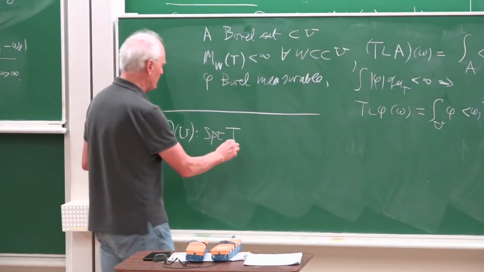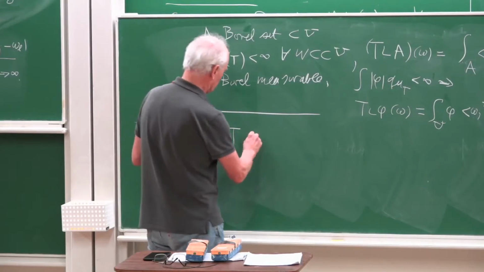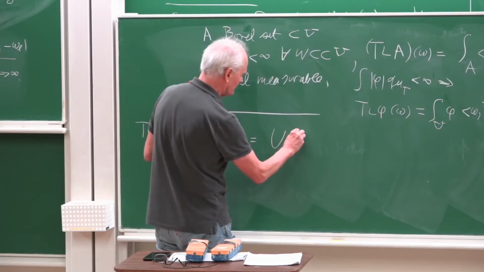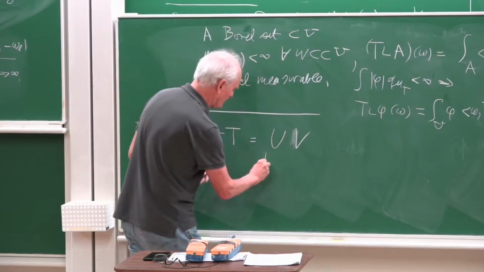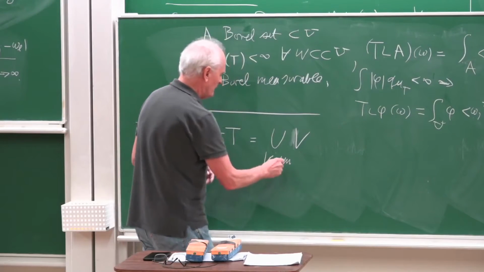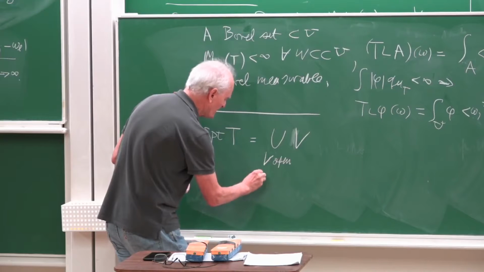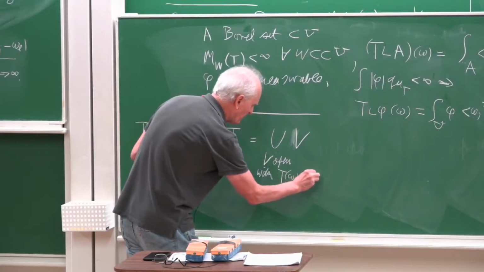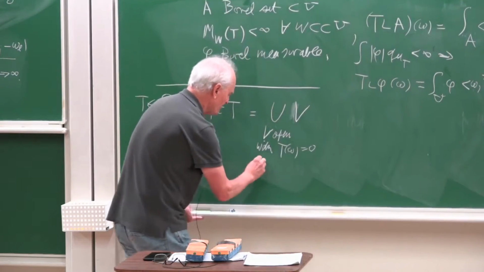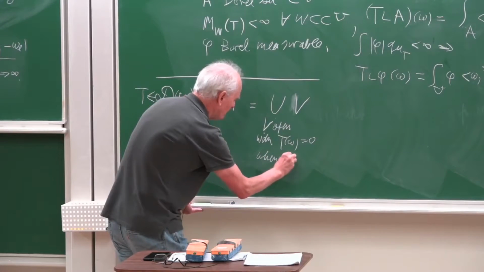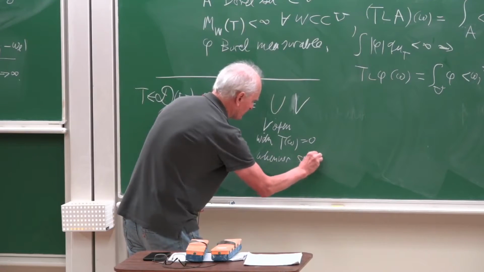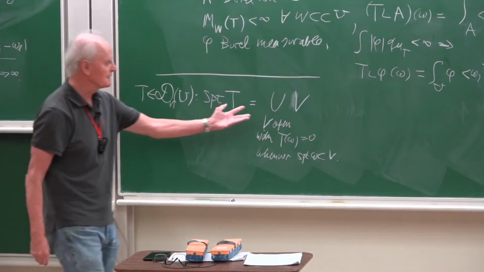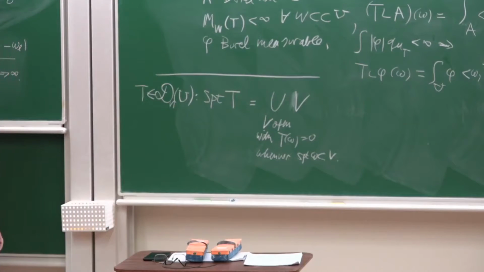The support of T is simply defined to be the union of all the open sets V such that T omega equals 0 whenever the support of omega is contained in V. Notice by definition this is an open set because it's a union of open sets.